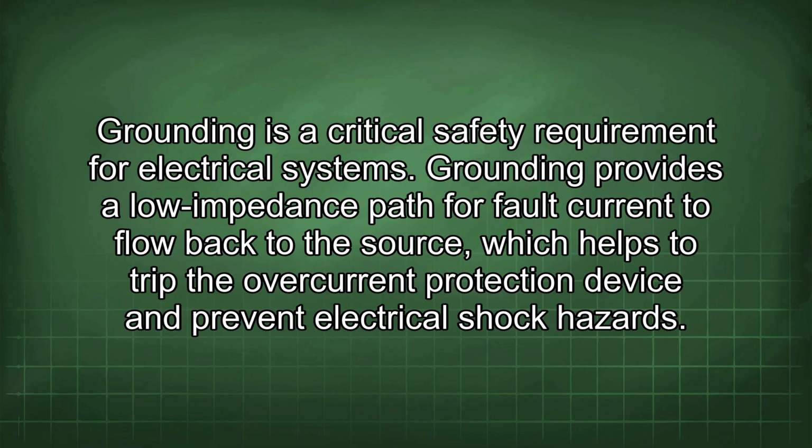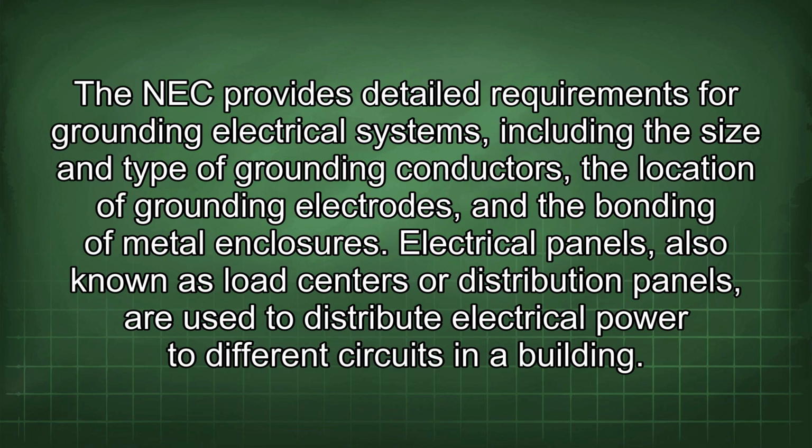Grounding provides a low impedance path for fault current to flow back to the source, which helps to trip the overcurrent protection device and prevent electrical shock hazards. The NEC provides detailed requirements for grounding electrical systems, including the size and type of grounding conductors, the location of grounding electrodes, and the bonding of metal enclosures.